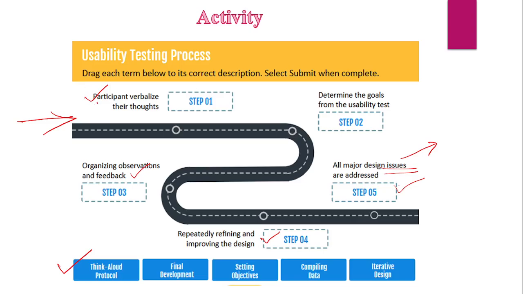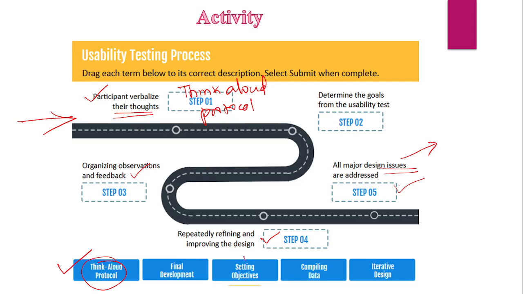Now here you can see, participants verbalize their thoughts. It is called the think aloud protocol. And next, step 2, determine the goals from the usability test.